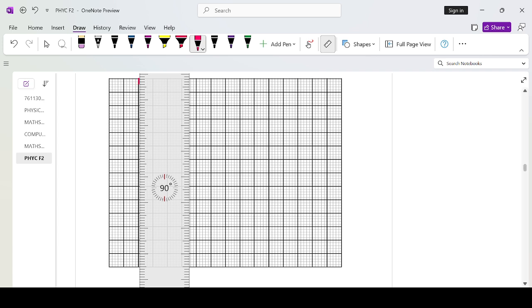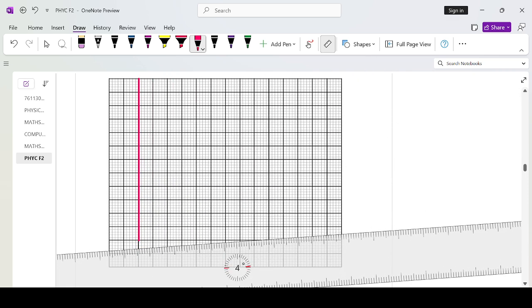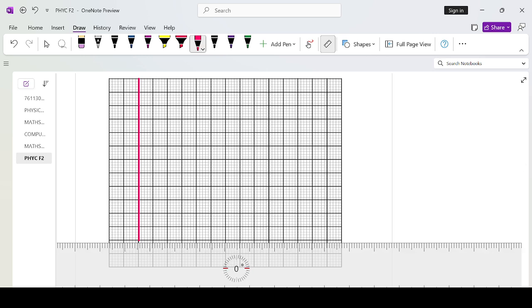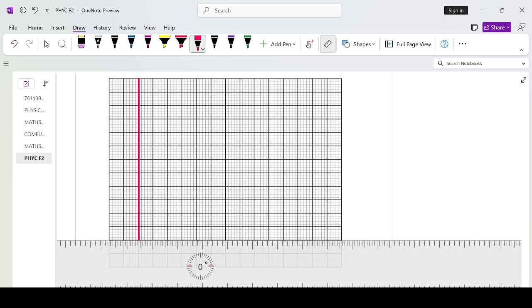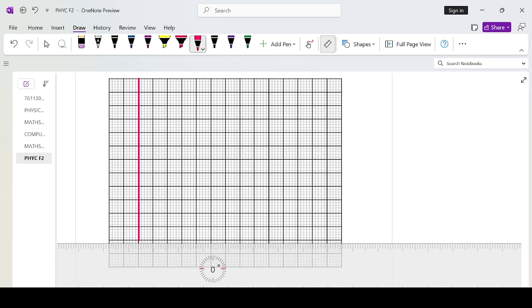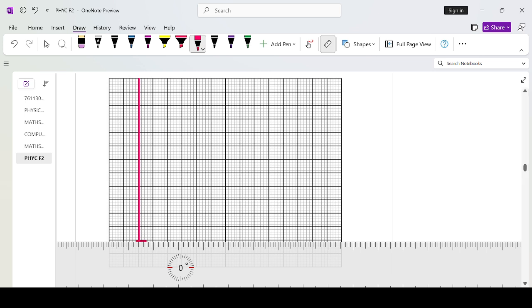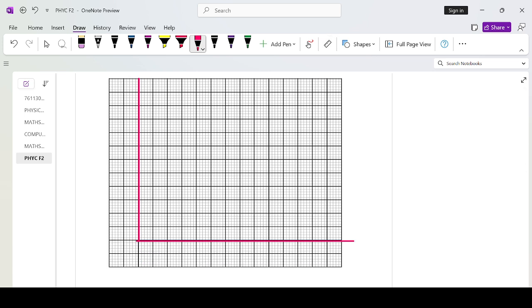Let me have it up to here. That is my y-axis. Let me also draw my x-axis, like that.